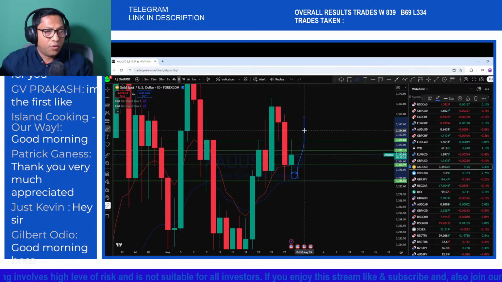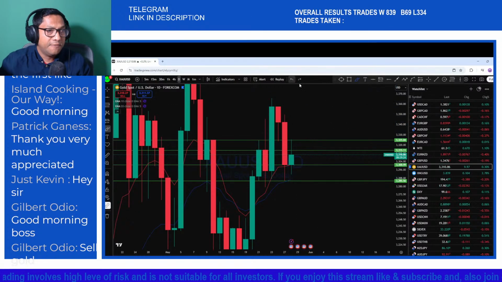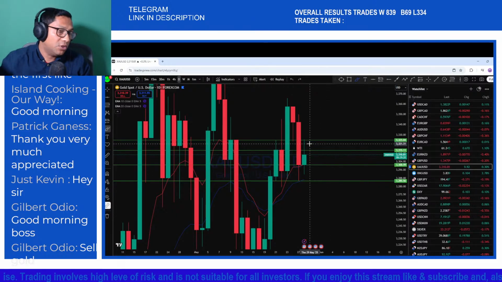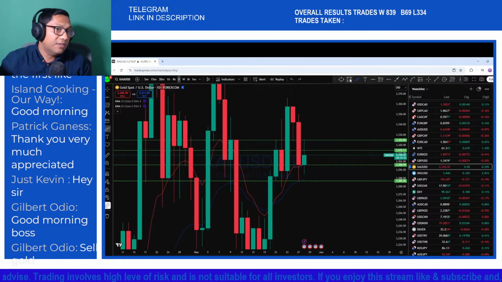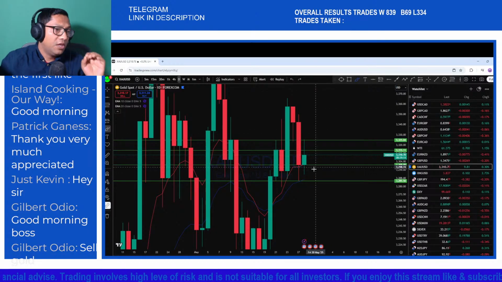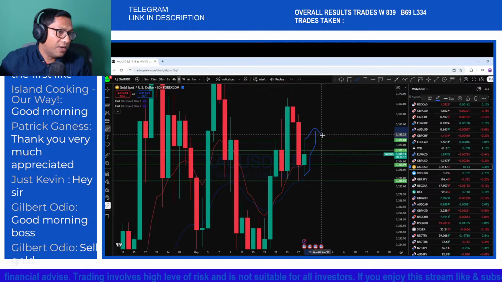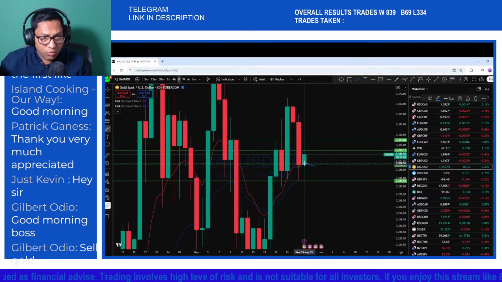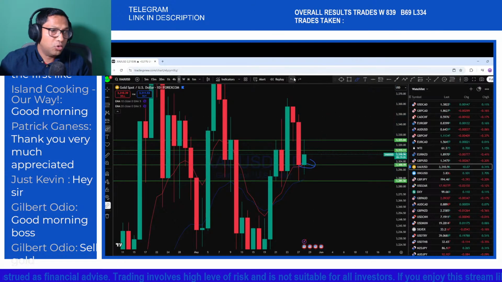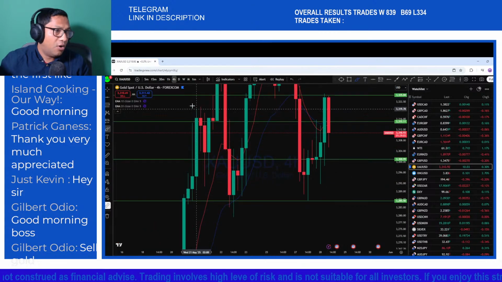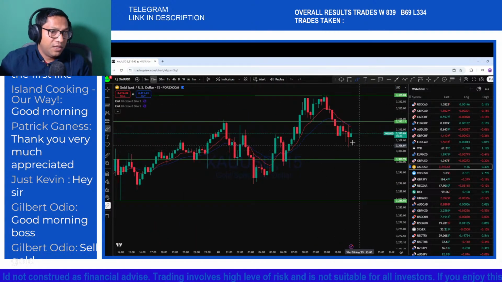Because of that bounce, we may see the market potentially go back up. So what I think is that the price may drop to the daily support and then revert back to the upside. And that's where the opportunity may come in this market.